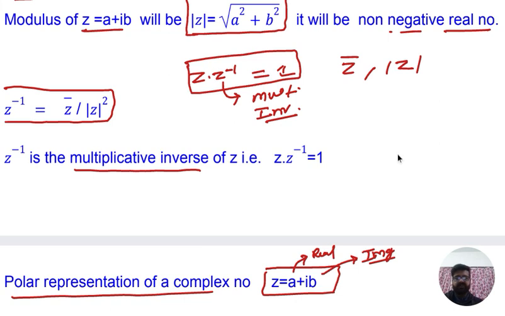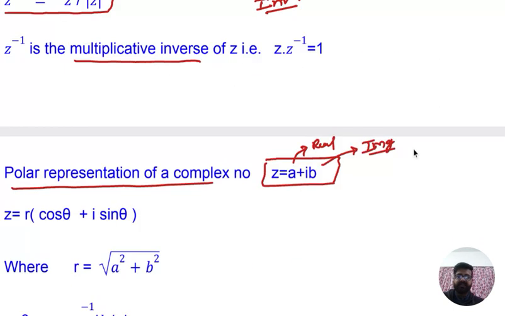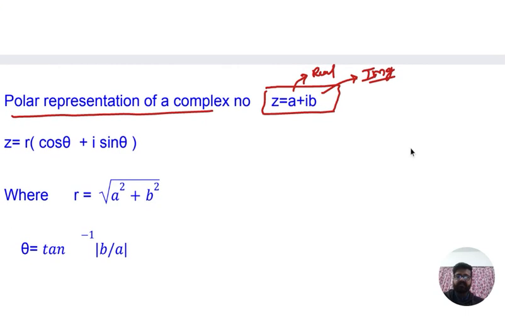So we can write our complex number in another form, and that is called polar representation. I can represent any complex number in this format. Okay, look here.